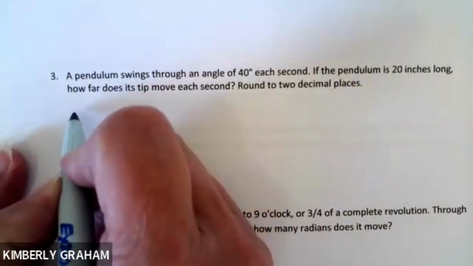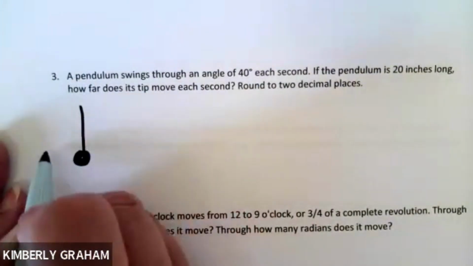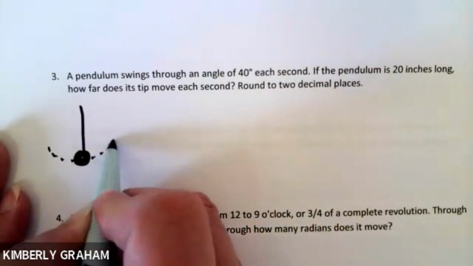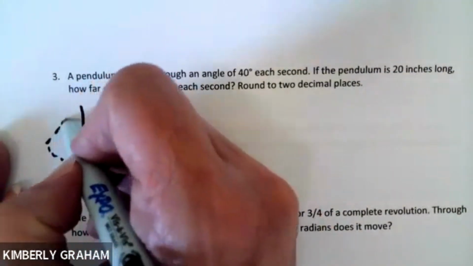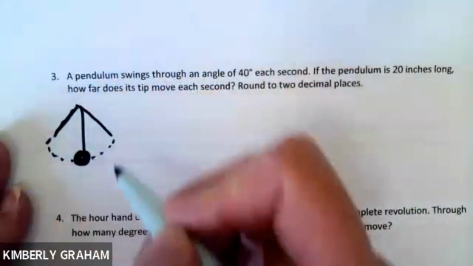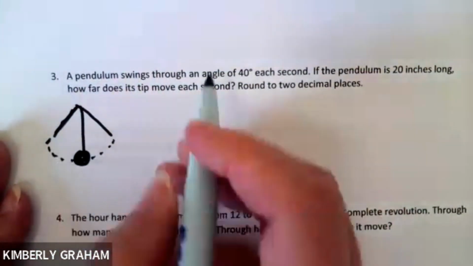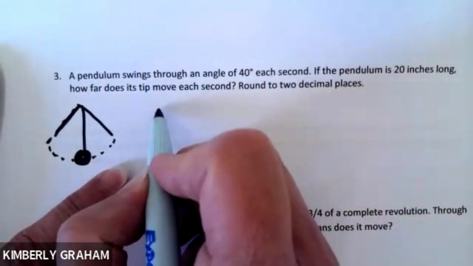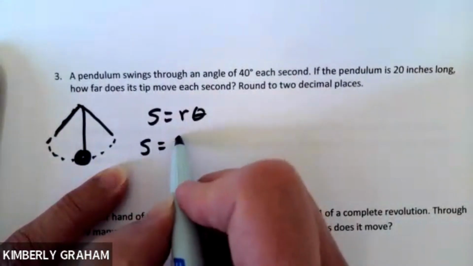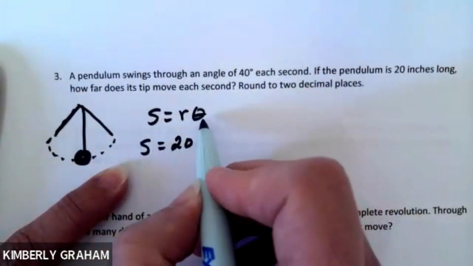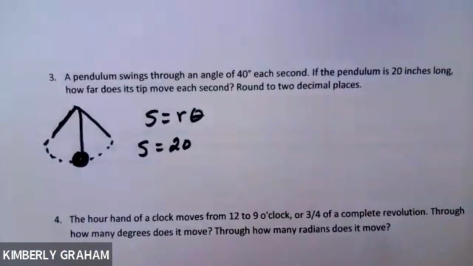So I have this pendulum. That's going to sweep out this angle here of 40 degrees. If I were to look at this whole angle that it sweeps out, that's a 40-degree angle, and I want to know this distance. Well, this is my formula for the arc length. S equals R theta. So this arc length is going to be 20 times this angle measure of theta. And again, that theta has to be in terms of radians.